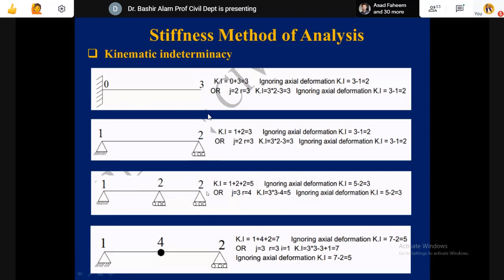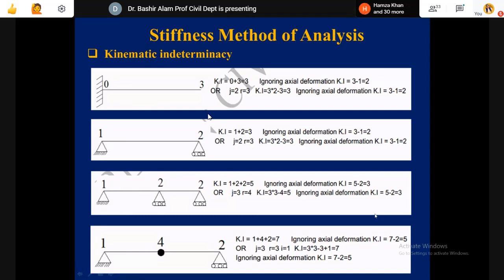This is 1 plus 2 plus 2, 5 degrees indeterminate. If we apply this equation, again we get 5 degrees. If we ignore the axial effect, we have 2 members, so minus 2, so this becomes 3 degrees.